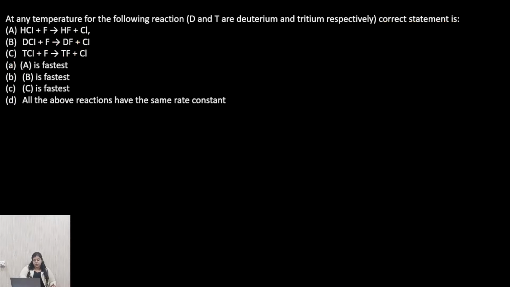Okay. Next one is this question. It says at any temperature for the following reaction, where D and T are deuterium and tritium respectively, the correct statement is. The reaction given is HCl on treatment with fluorine, giving the products HF plus Cl. Here a bond is breaking, the bond between H and Cl.